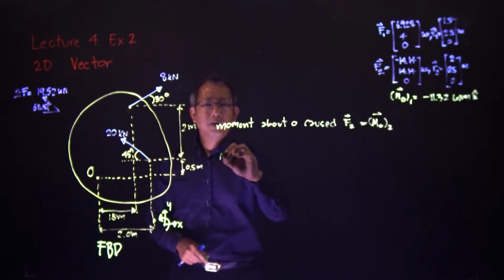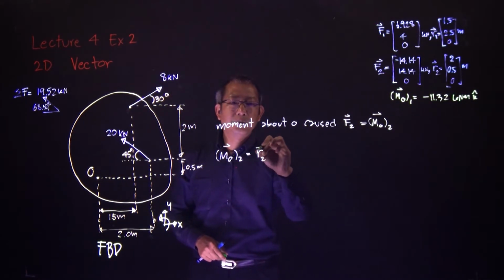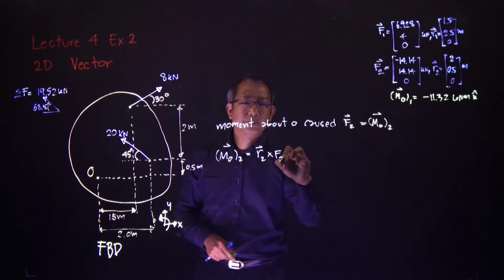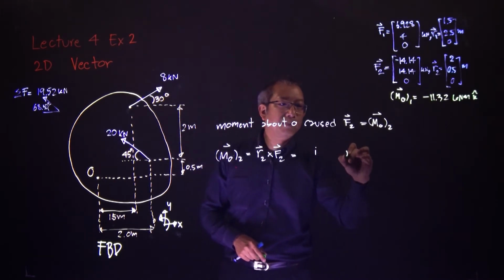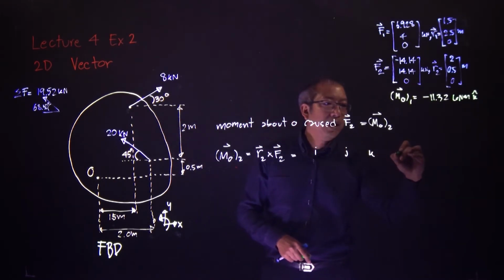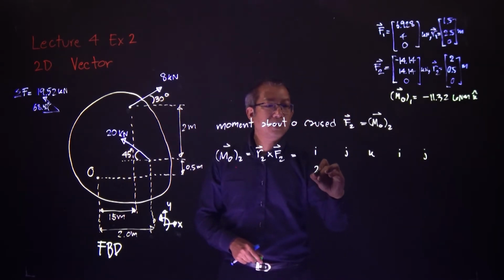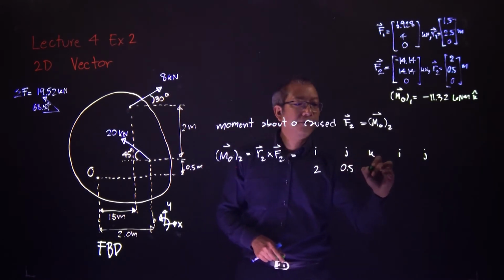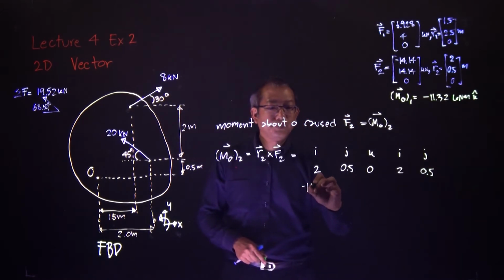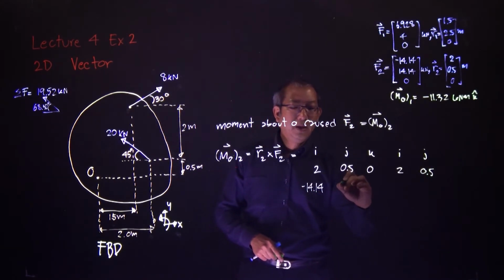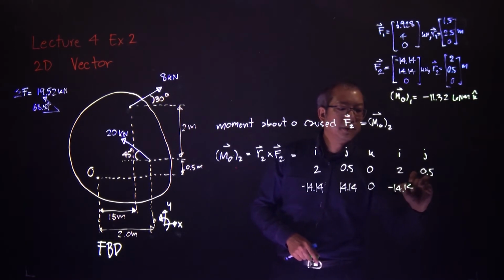Therefore, MO2 will equal to R2 cross F2. Again, I will set up the i, j, k system because that is how I am familiar with the calculation. So put the distance in first, 2, 0.5, 0, repeat 2 and 0.5. Then the force, Fx2 and Fy2, 0, and then Fx again, and then Fy.